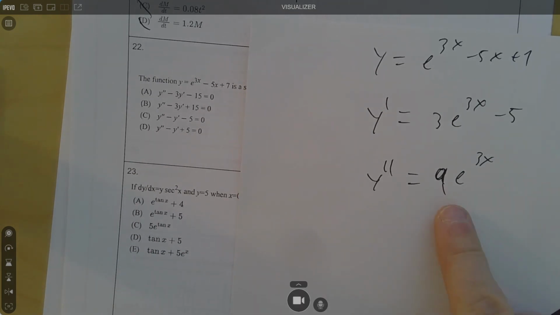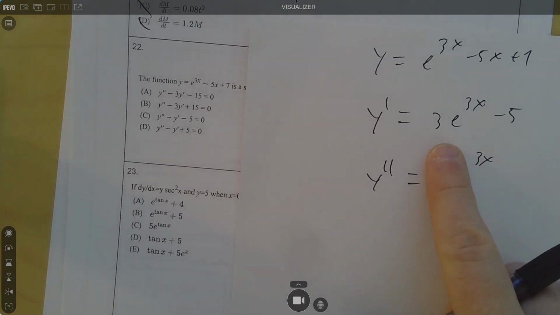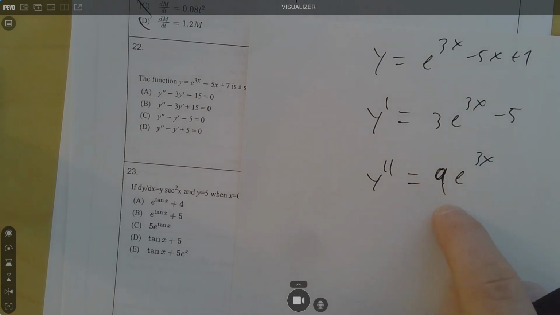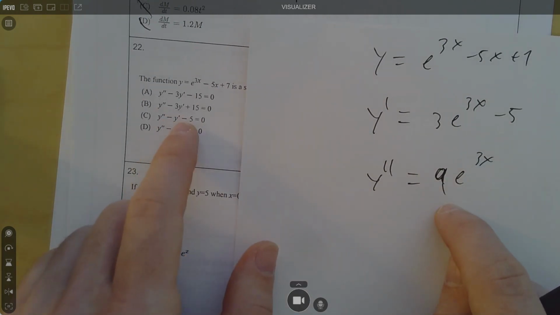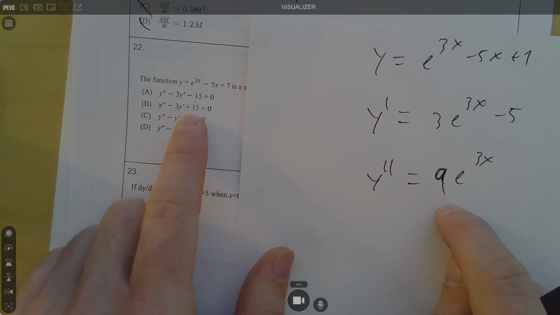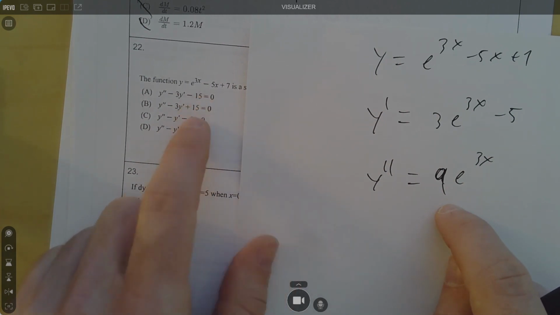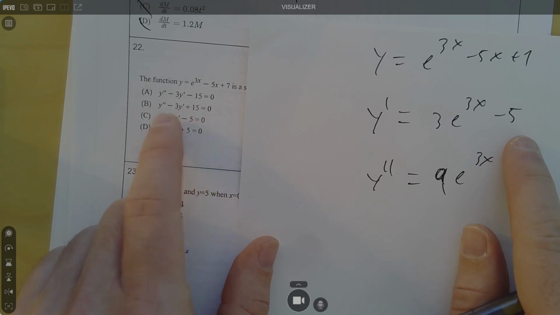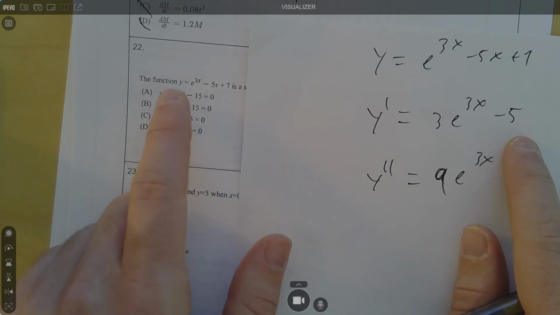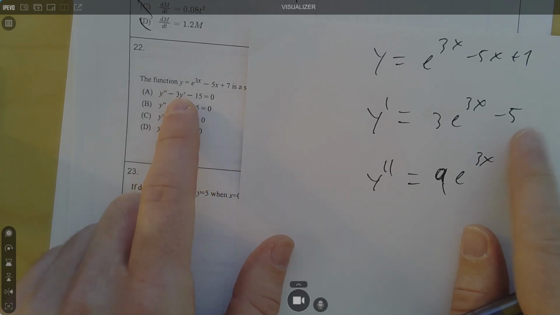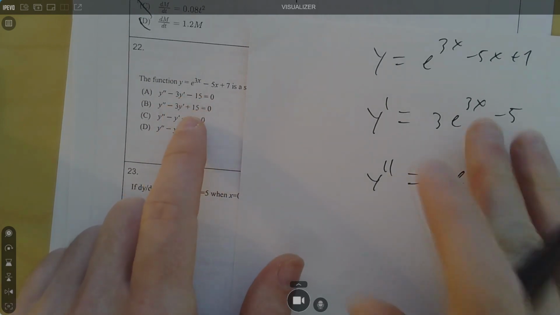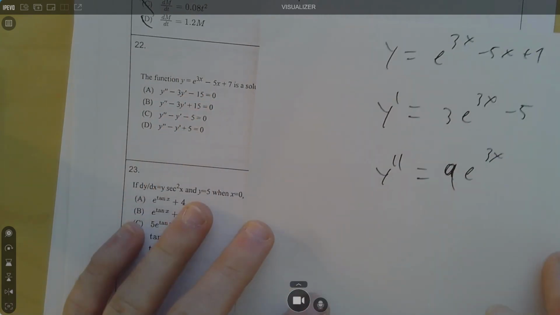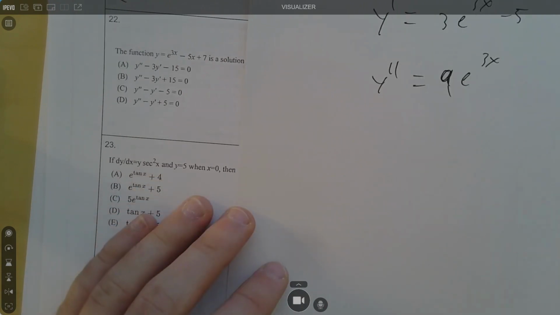So to make this 0, I have to subtract 9e to the 3x here. So that means it must be A or B. And then it's going to be plus 15 or minus 15, because that's a minus 5 there, right? But it's a double negative. I know it's A, just from looking at these. And I'll prove it to you. You could just test all of them, but I know it's going to be A.